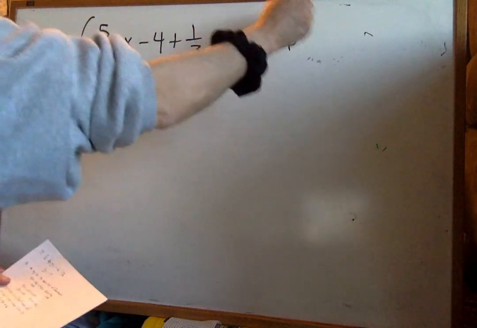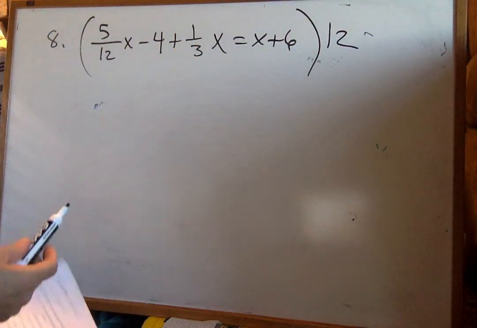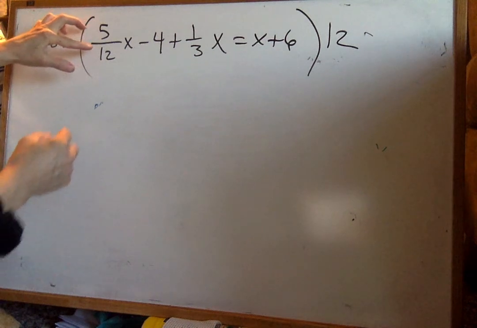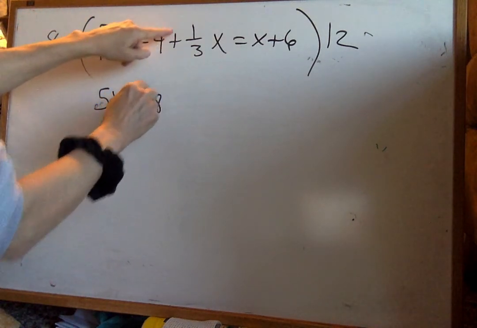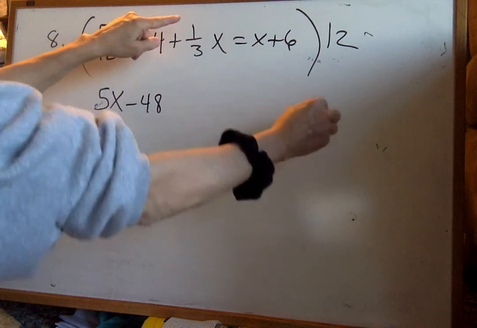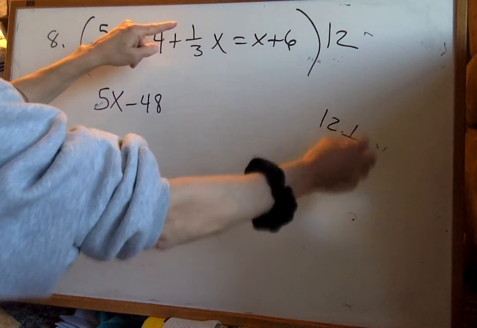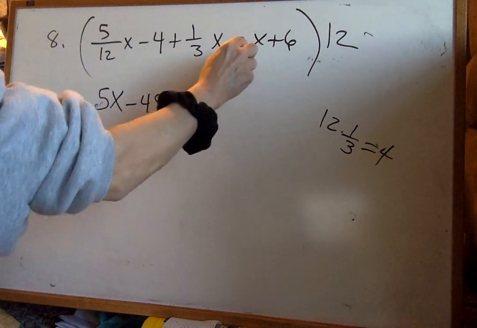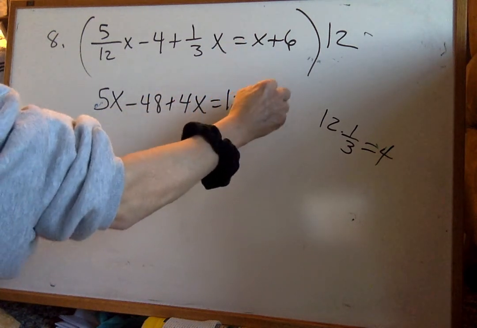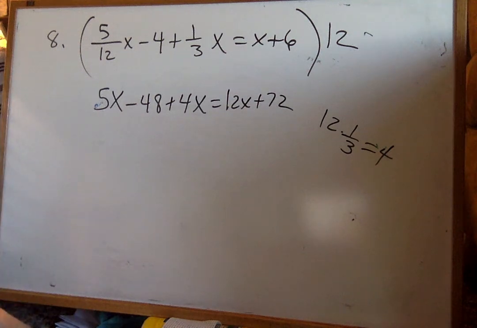Why don't we just multiply everything by 12? Times 12. So that's going to be 5x. Times 12. 12 times a third. I am expecting that you know that 12 times a third is 4. Times 12. That's a whole lot nicer to look at than the original, right?